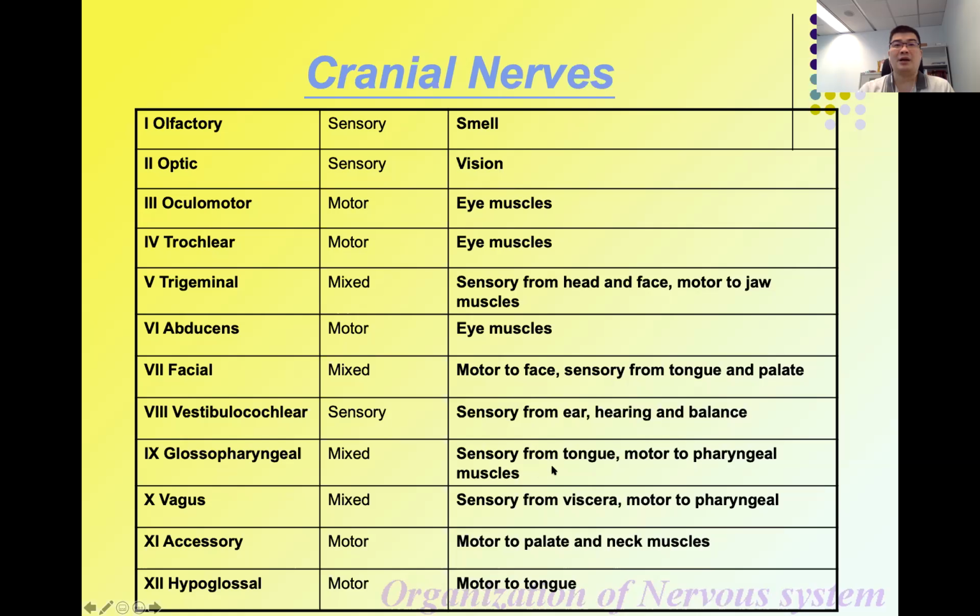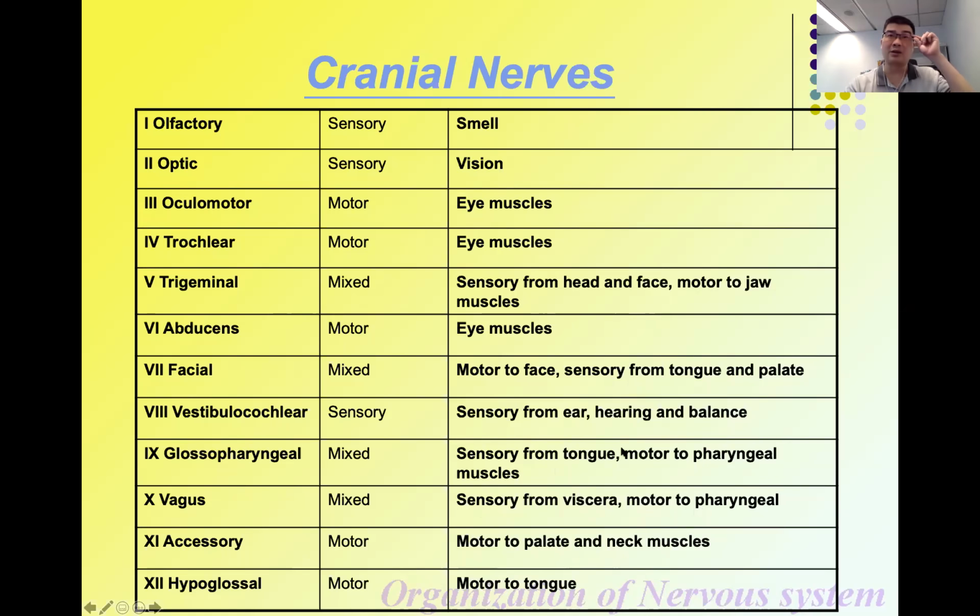Glossopharyngeal is sensory from the tongue and motor to the pharyngeal muscle. The vagus nerve is an important one, sending sensory from the visceral organs, motor, and to the pharyngeal muscles as well. There is also motor to the palate and neck muscle, and motor to the tongue muscle.